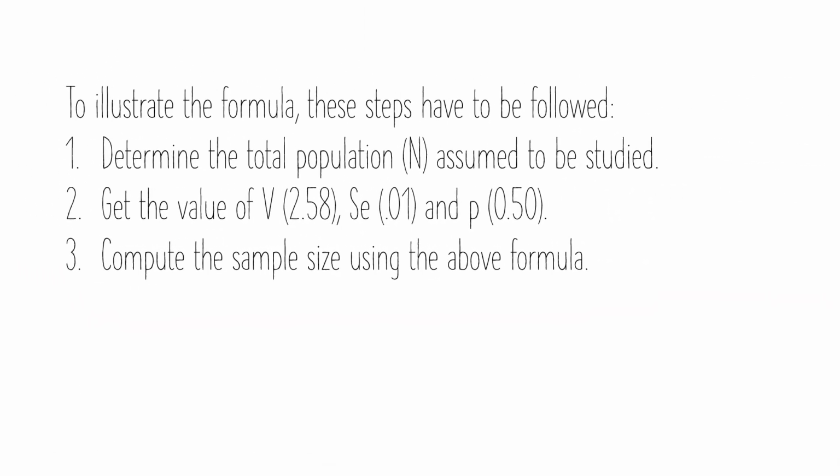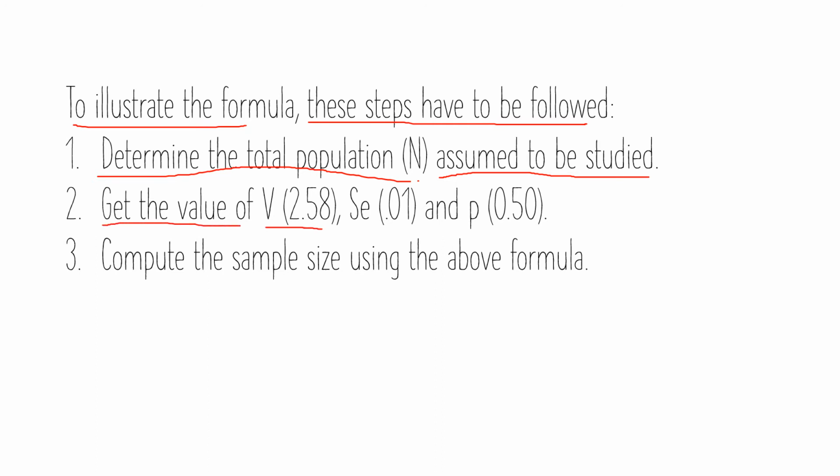To illustrate the formula, these steps have to be followed. First step, determine the total population, which will be your N, assumed to be static. Step number 2, get the value of B, which is 2.58, your SE is 0.01, and your P is 0.5. Then compute the sample size using the formula.